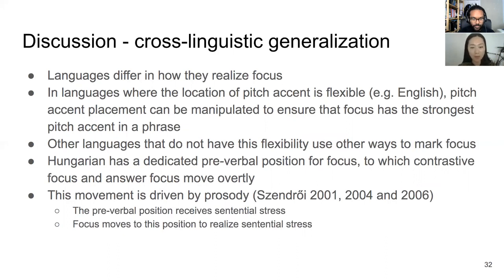One famous example is Hungarian, which has a dedicated pre-verbal position for focus to which contrastive focus and answer focus move overtly. It's been argued that this movement is driven by prosody, because the pre-verbal position receives sentential stress, focus moves to this position to get sentential stress.